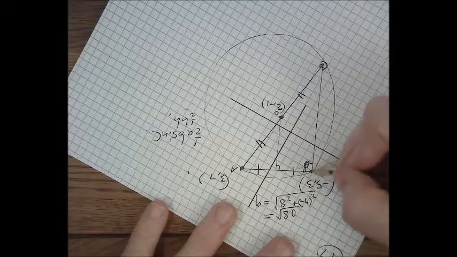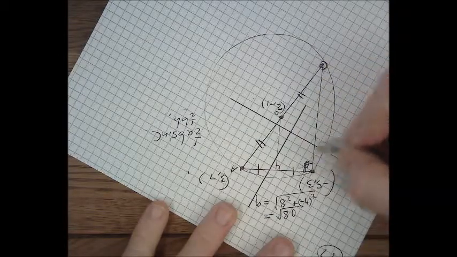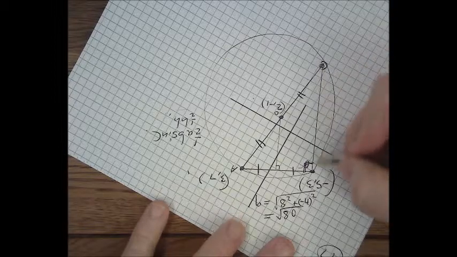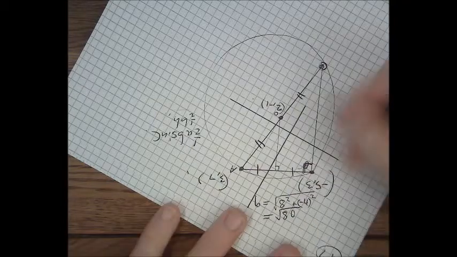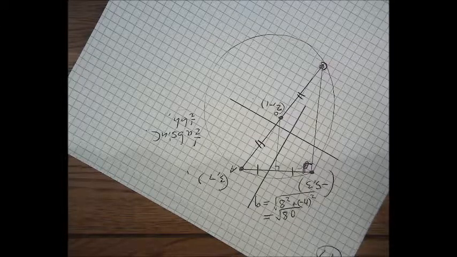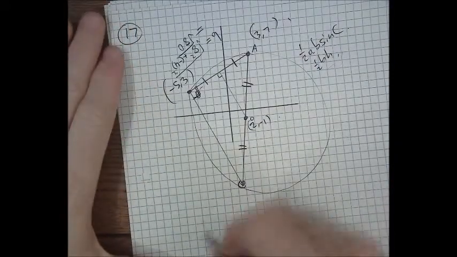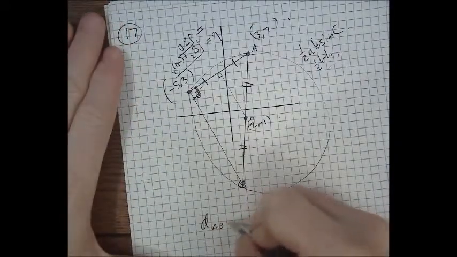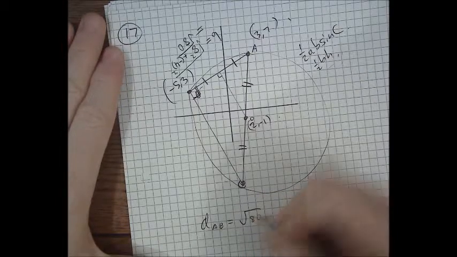Now I need to know what that height is. I think I might be about to change my mind. So the distance from A to B is root 80.